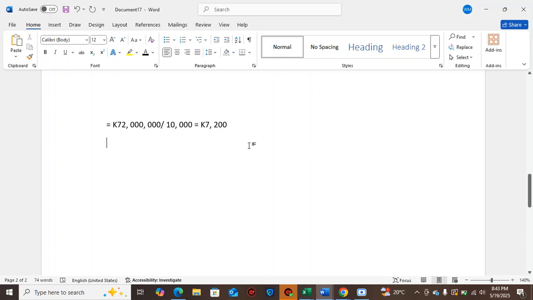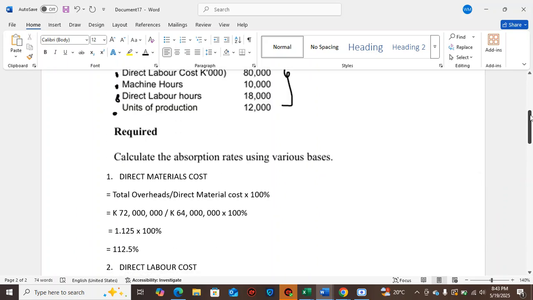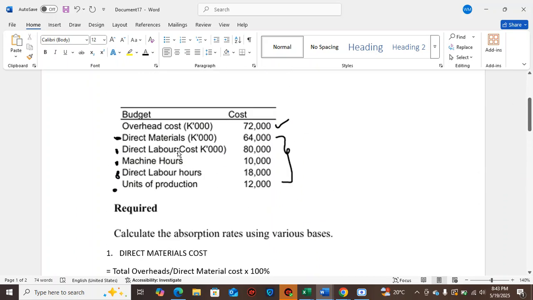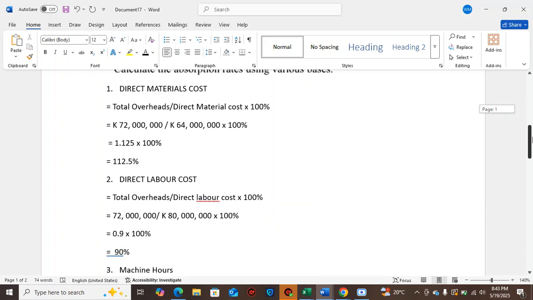No, no, no. These ones you won't multiply by 100. It's only for these costs. If you're using direct material cost and labor cost, that's one way you get what percentage your overheads are representing of these costs. It's only for direct materials cost and labor cost. For machine hours, labor hours, and units of production, you're not multiplying by 100.